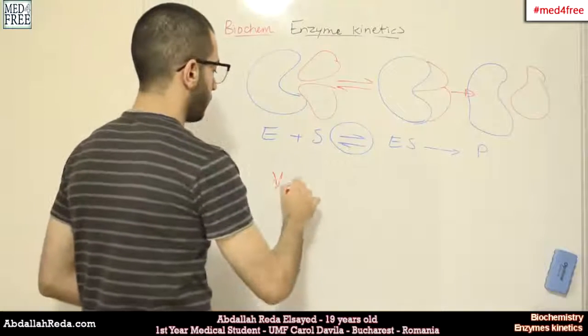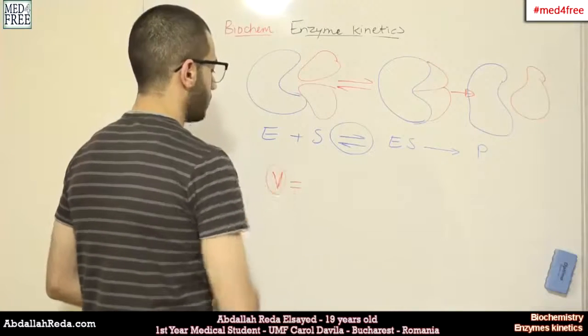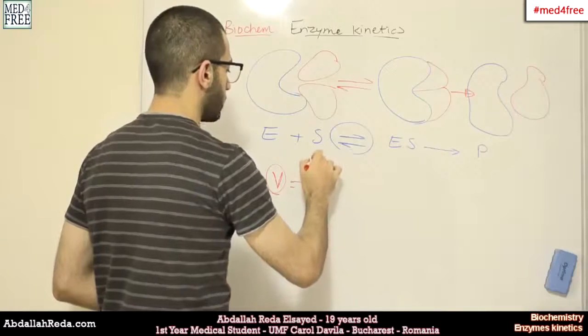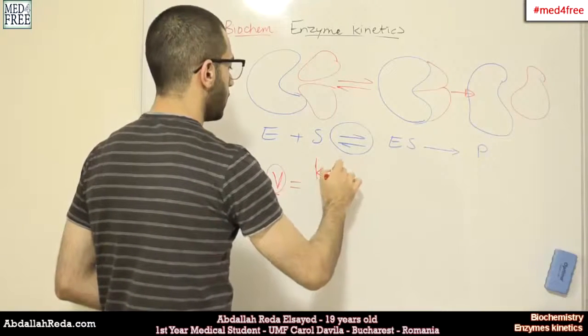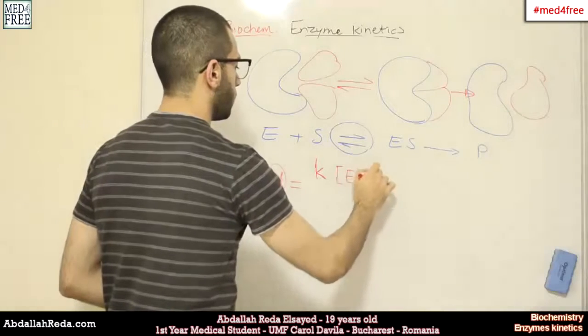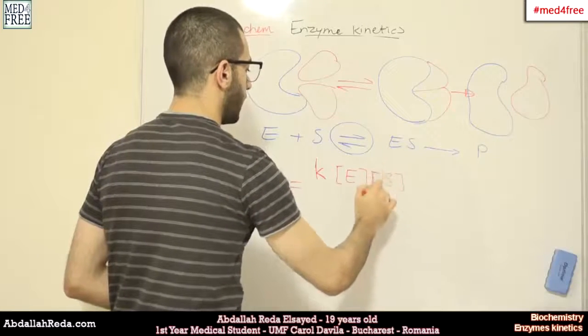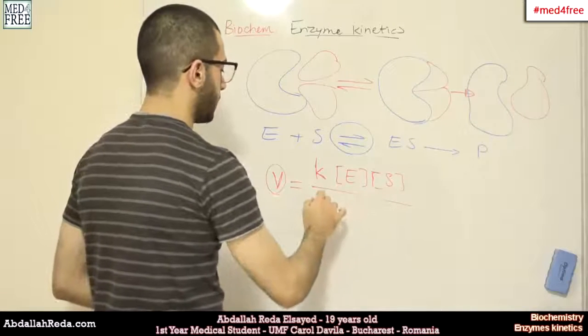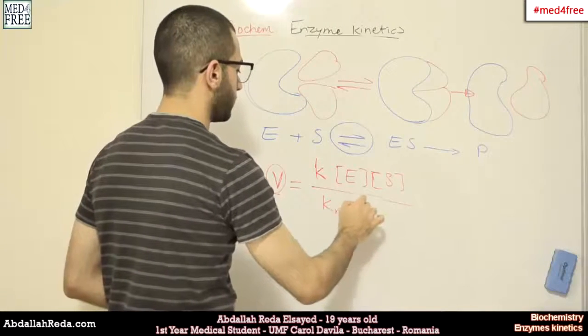And it says: V, which is the velocity, equals k, multiplied by E multiplied by S, divided by Km plus S.